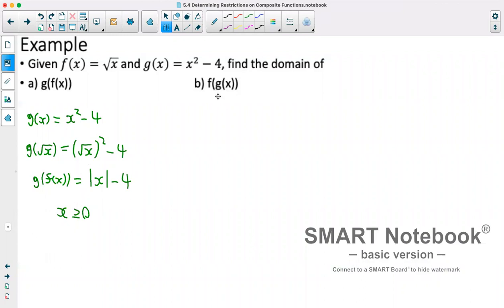Okay, next one we've got f of x is our outer function. So we've got f of x equals square root of x. We're substituting g of x into it. So that's f of x squared minus 4. So we'll substitute that in for this x. So square root of x squared minus 4. We can't take the square root of a negative.